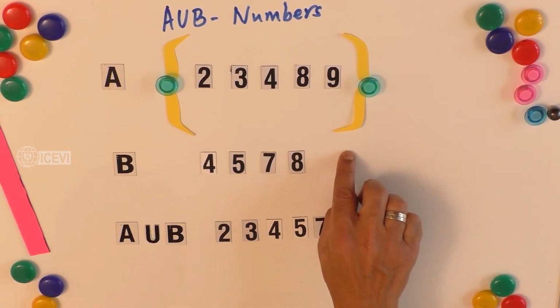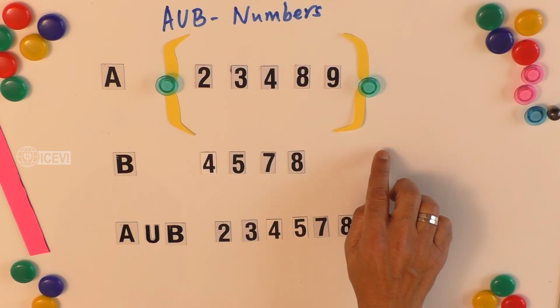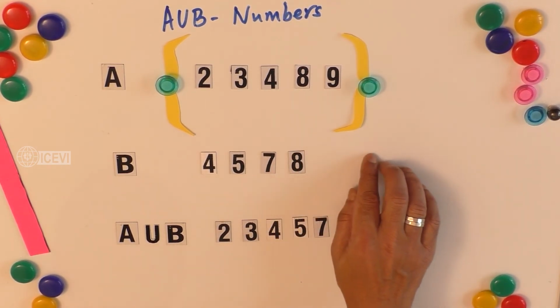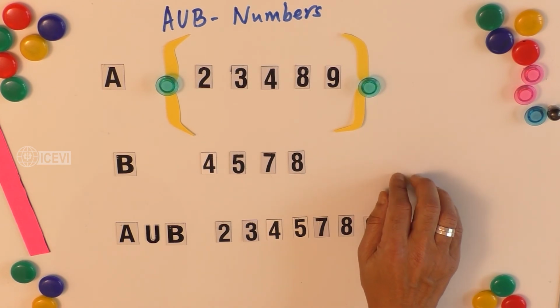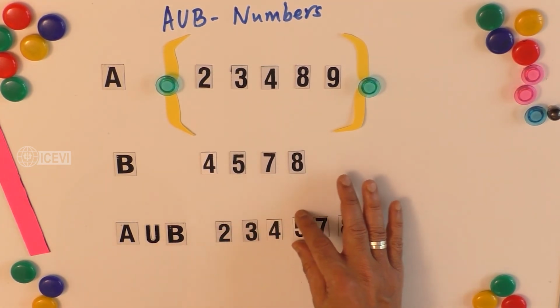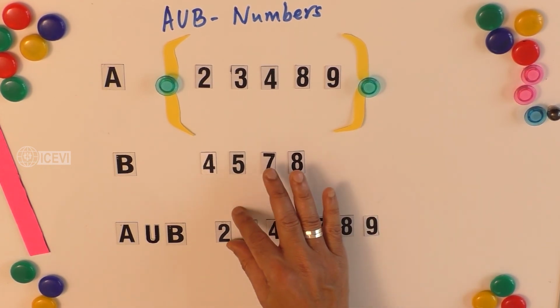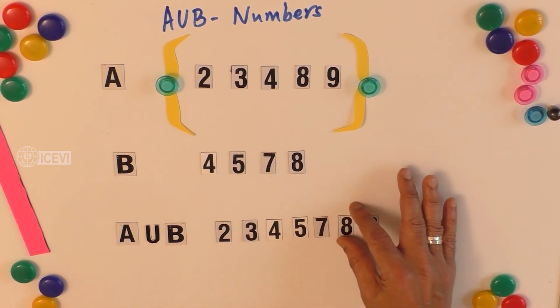That means 9 minus the 2 objects that have been repeated. That means 7 objects should be part of the A union B. So this is one of the ways of cross-checking whether you are right or wrong.